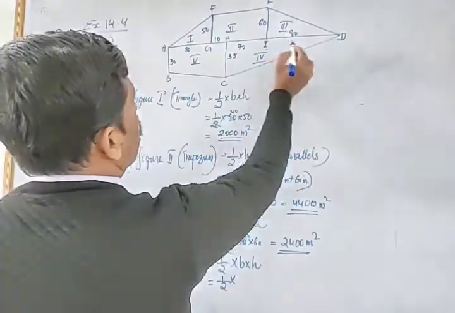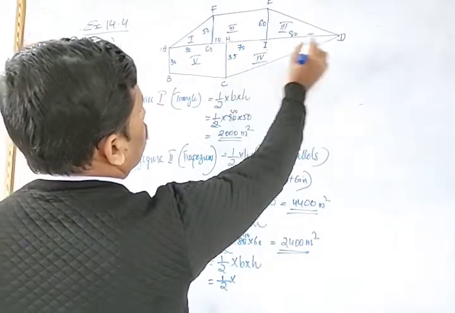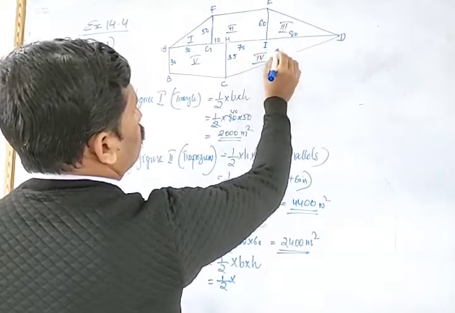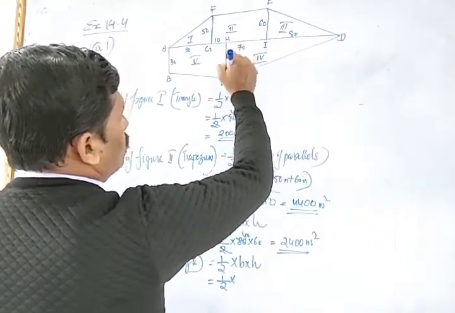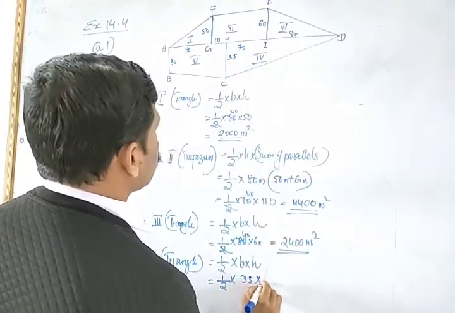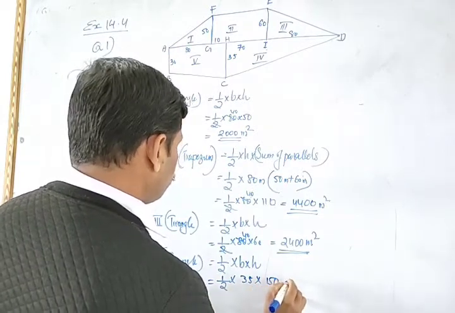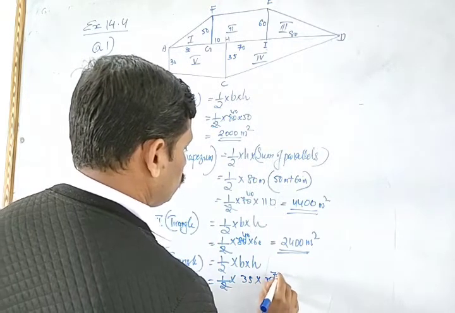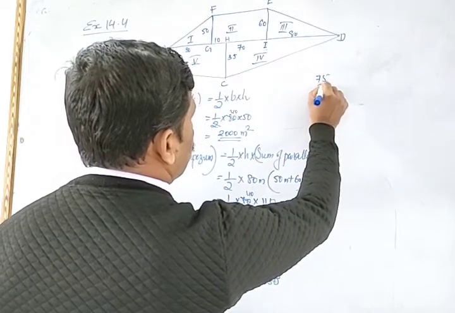Here you can see that this triangle, the height is 35, or this we can take as height 70 plus 80 is equal to 150, and this we can take as base 35. So 35 into 150. 75 and 35 we multiply.